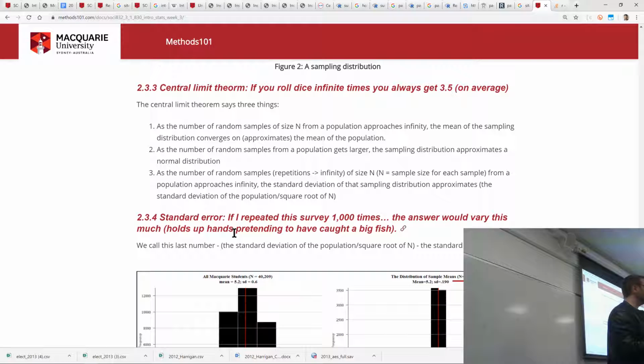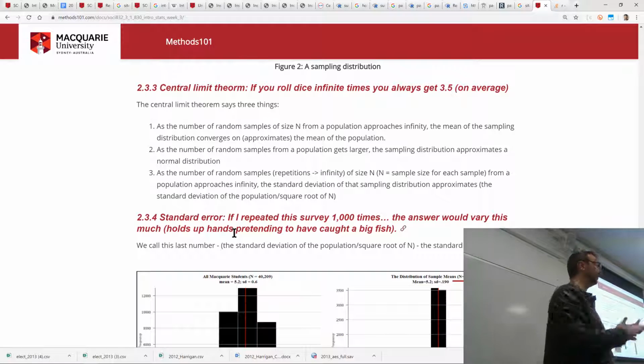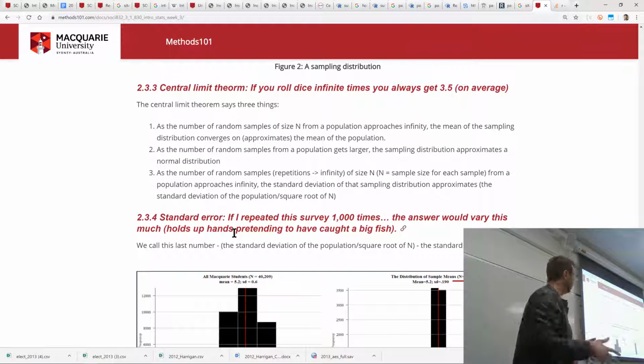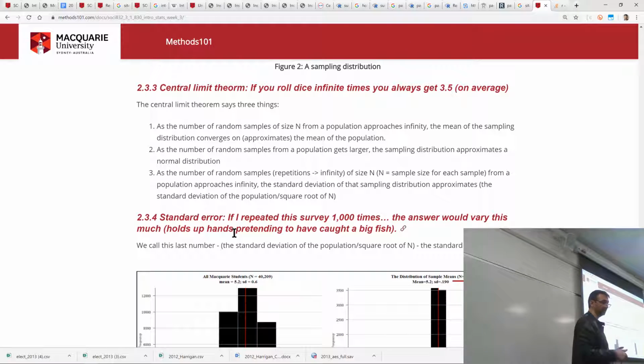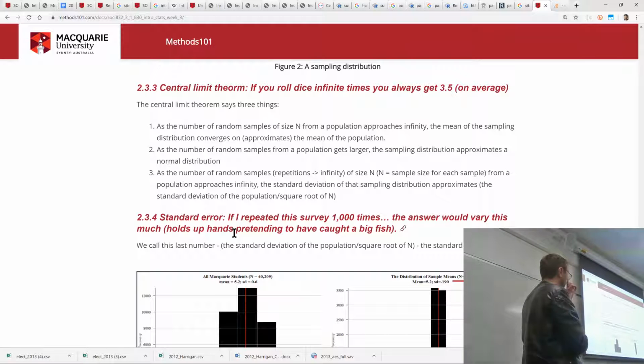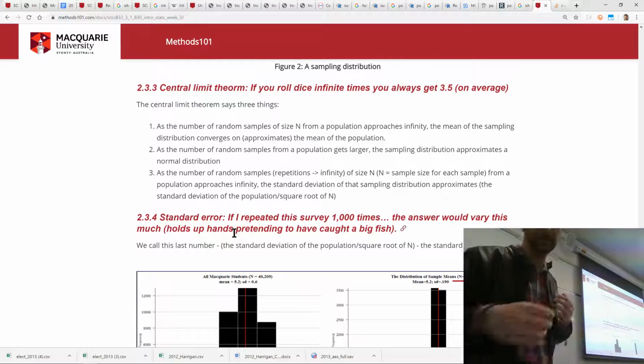And it turns out that the standard error, the p-value, and the confidence interval are all just different ways of saying exactly the same thing, which is expressing the variation. You just express it with different numbers, but all of them are very closely related to one another and can be derived from each other.